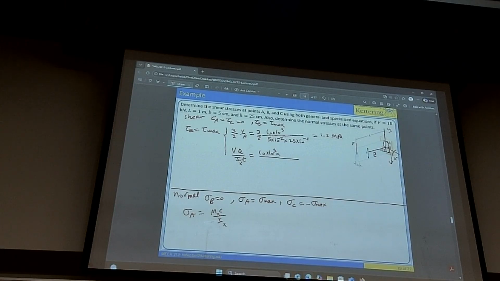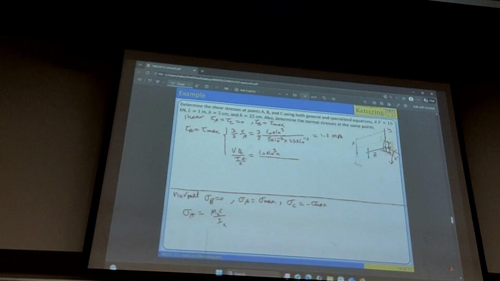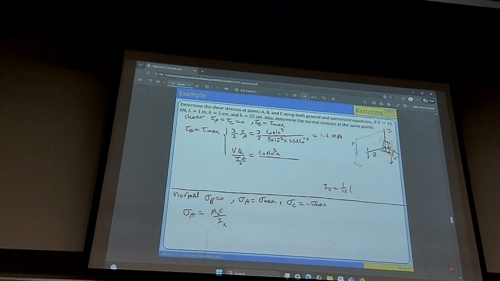Open question, how do you calculate IX? For the IX, that is 1/12. So how will I do IX here, because we're going to need it in here too? Yes, 1/12 base times height cubed. Which one is cubed? The one perpendicular to our x should be our h. Very good.